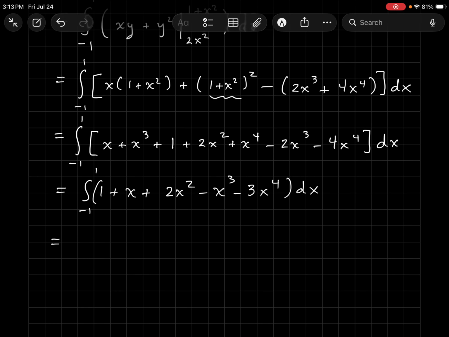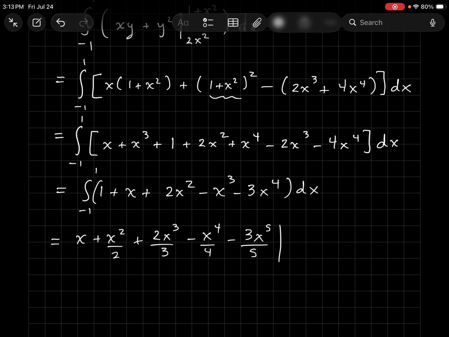And that will give us x plus x squared over 2 plus 2x cubed over 3 minus x to the fourth over 4 minus 3x to the fifth over 5 from -1 to 1.